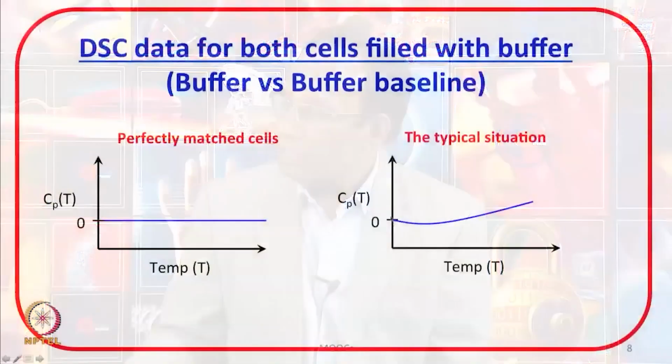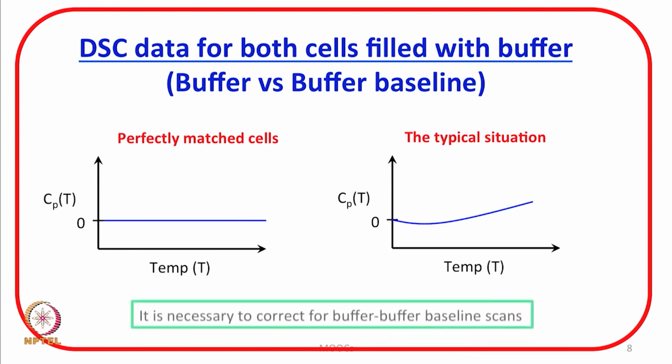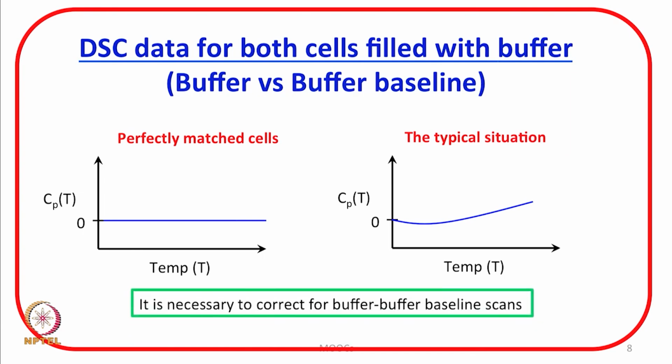A typical output is like this. It can be curvature downwards, it can be curvature upwards, and if the matching of the cells is better, it can be even better. Therefore, it is very necessary to correct for buffer-buffer baseline scans.